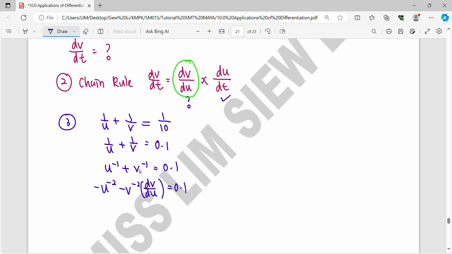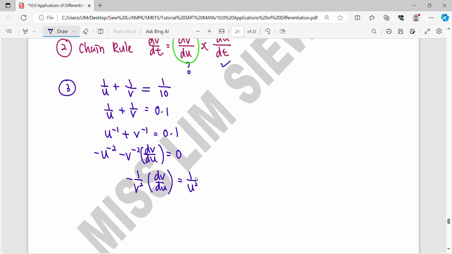Lastly, we find out what our dv du is. Differentiating the right hand side, a constant, we get 0. Moving this term, it will be 1 over u squared. So lastly, we obtain dv du equals negative v squared over u squared.